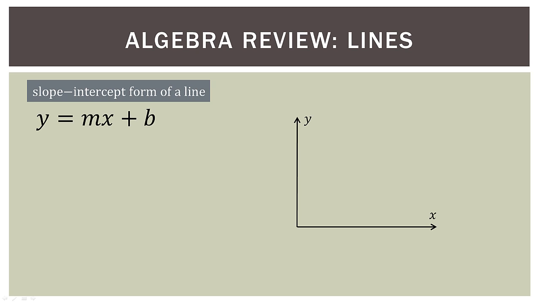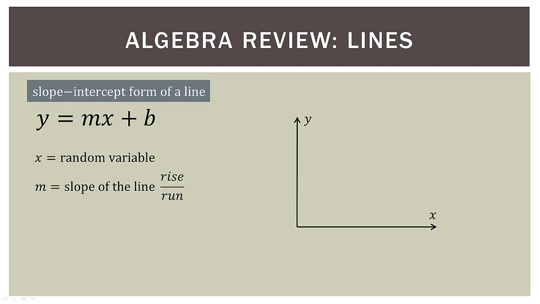So remember that y equals mx plus b is the slope-intercept form of a line, and it's called that because it has two real components, the slope and the intercept. So x in this case is some random variable that we either choose or we are given in the problem. M in the slope-intercept form is the slope of the line this represents.